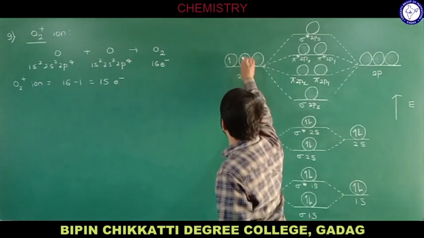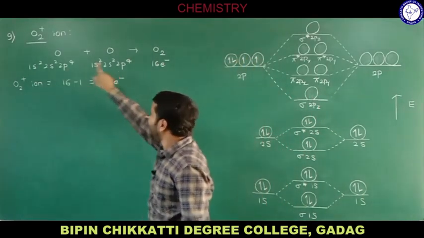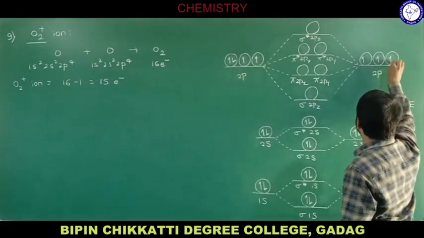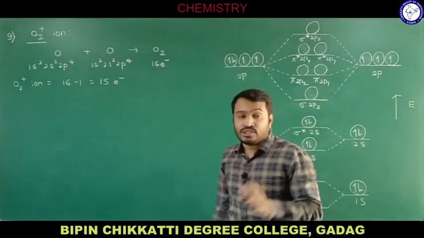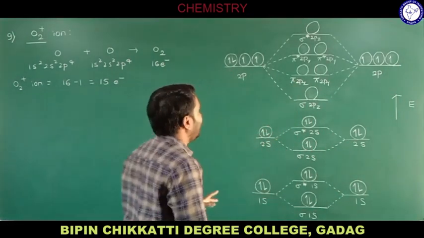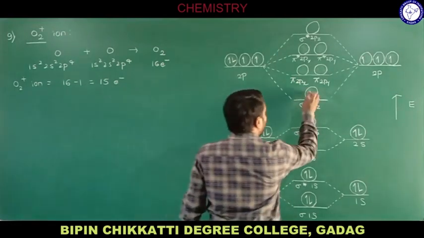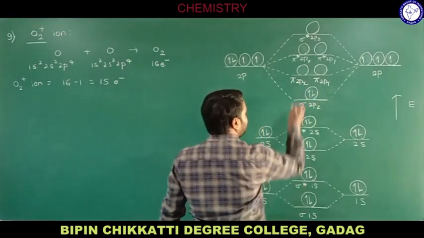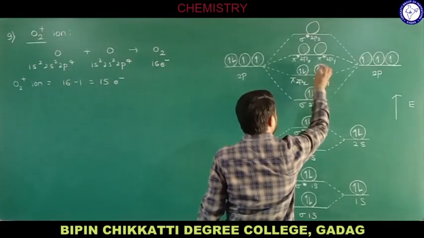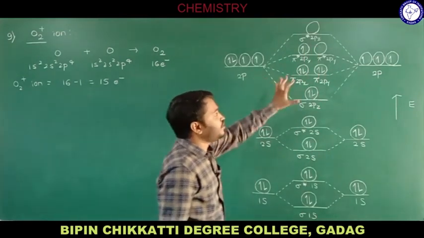Therefore 1, 2, 3, 4 electrons are right here, and 1 electron has been lost, therefore 1, 2, 3 electrons I represent. Here we have 4 and here we have 3, so 7 electrons have to be distributed. Out of 7, 1, 2, 3, 4, 5, 6 and 7 we have. You got that one? So 7 electrons I distributed.